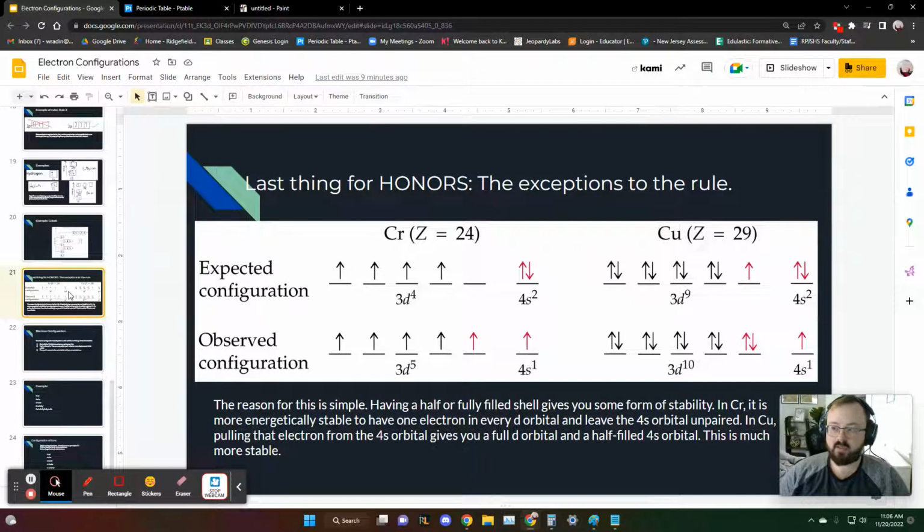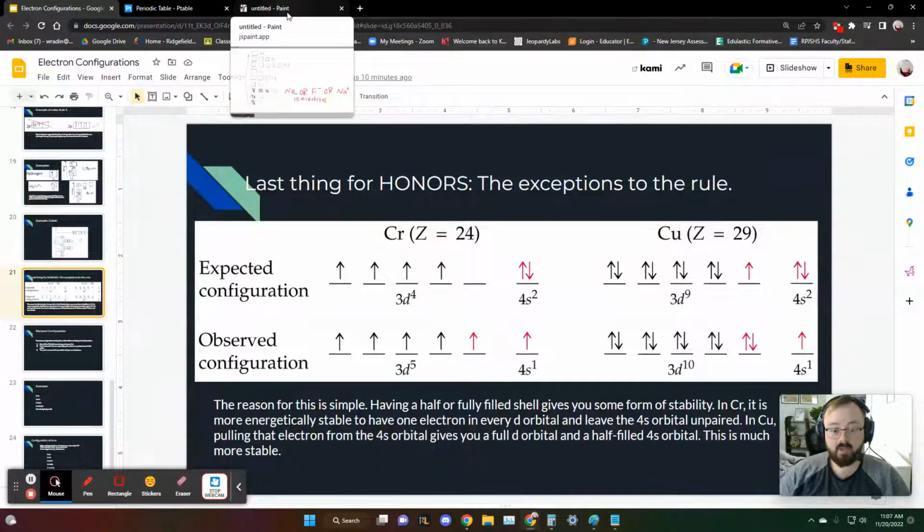We're going to talk about this exception more in chapter 4, at the very beginning. The first week is going to be more electron configurations, talking about the exceptions, the role of the periodic table, which I hinted to in our lab. So we're going to really talk more about that.